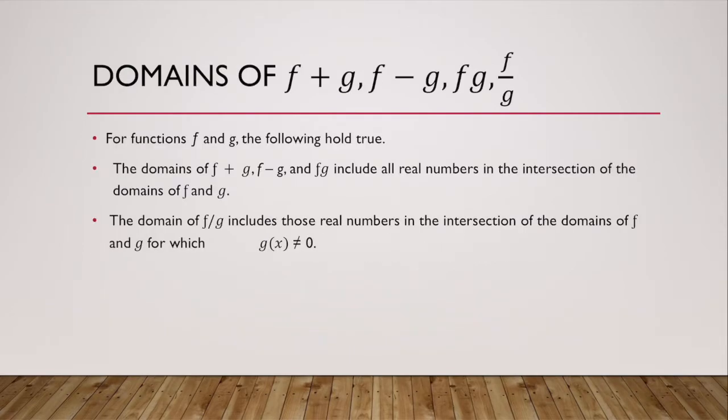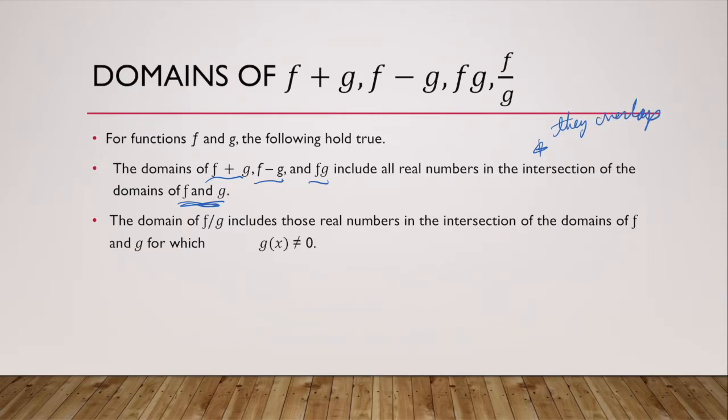When I have my functions, the sum function, difference function, product, and quotient function, the following holds true. The domains of f plus g, f minus g, so the sum function, and the product function, include all real numbers in the intersection of the domains of f and g. Intersection means where they overlap.